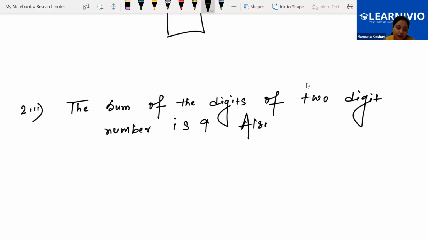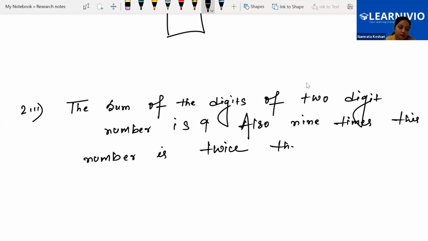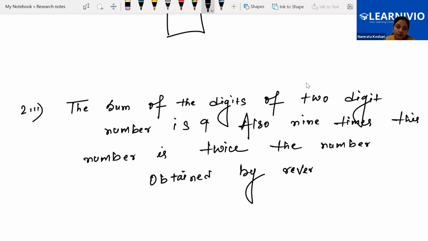Also, 9 times this number is twice the number obtained by reversing the order of the digits.